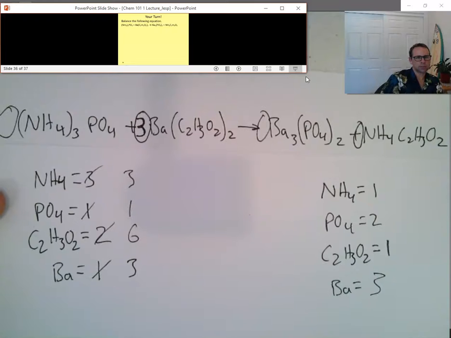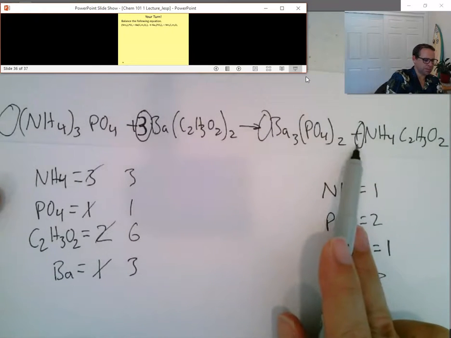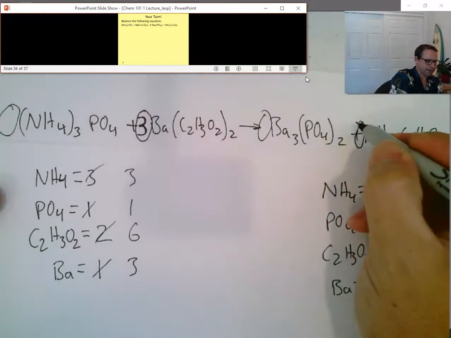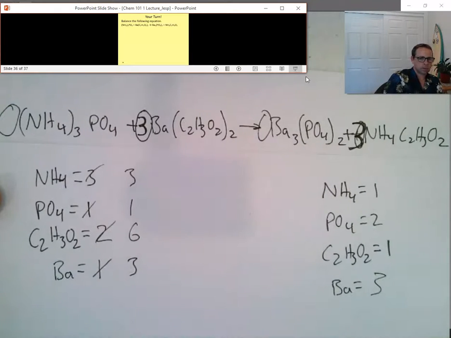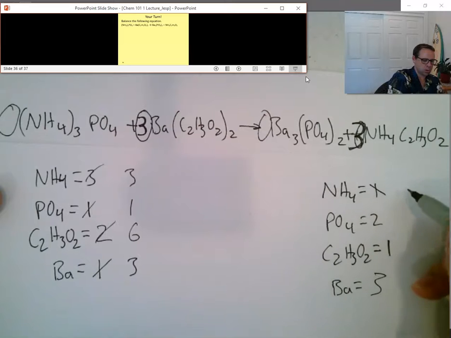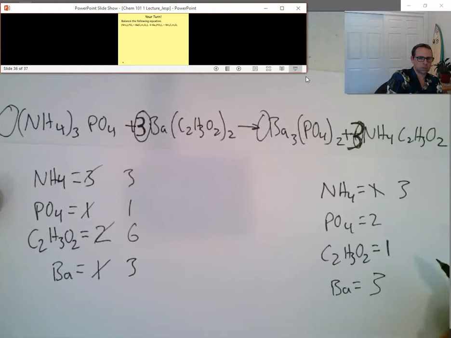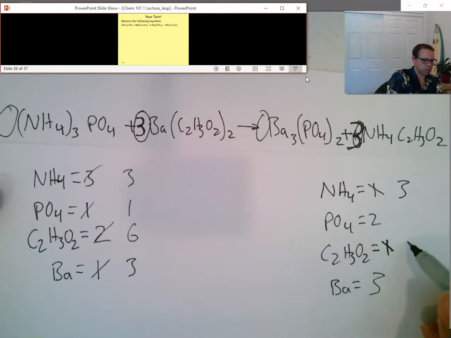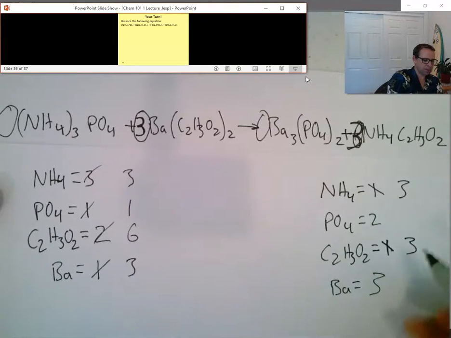We could add a 3 in front of the NH4. All right. 3 there. That makes NH4 3. And that makes C2H3O2 3 also? Yeah. Okay. Very good.